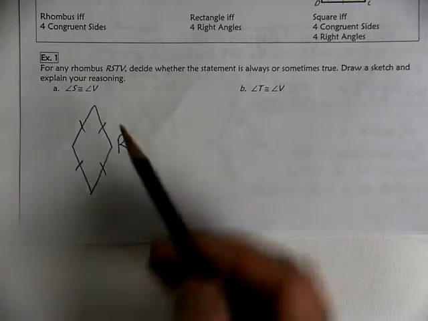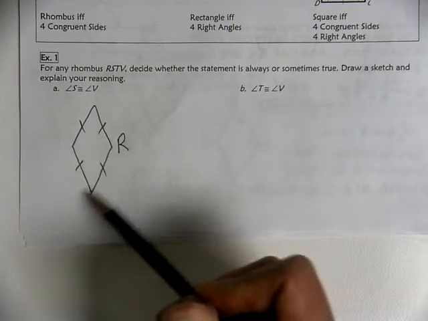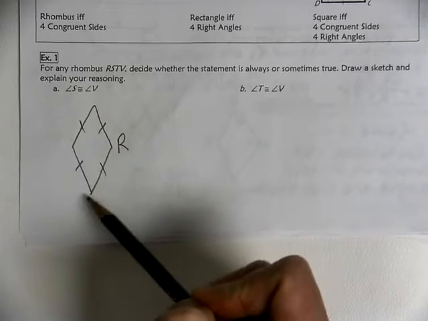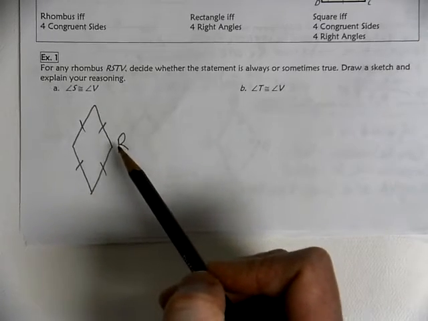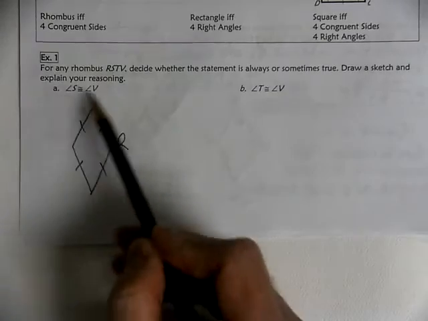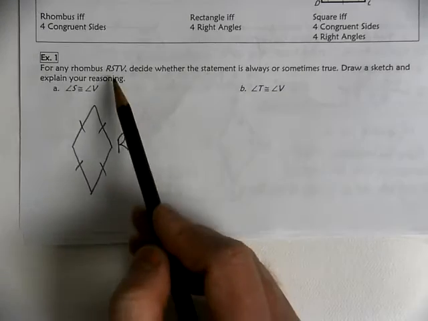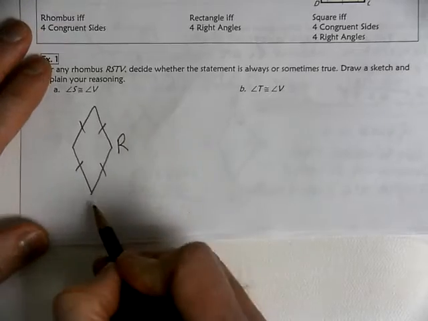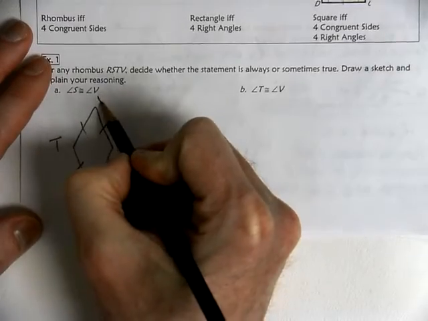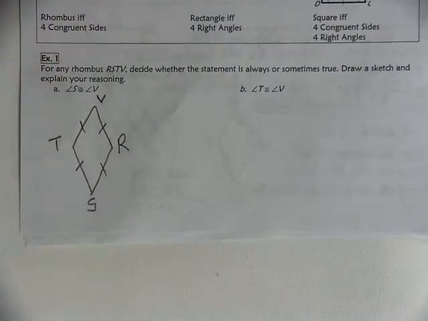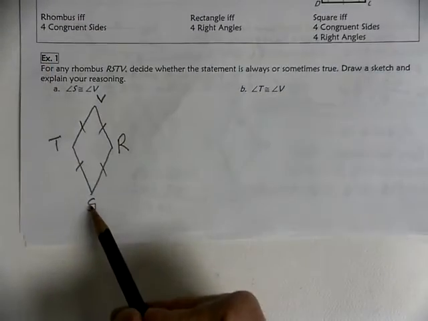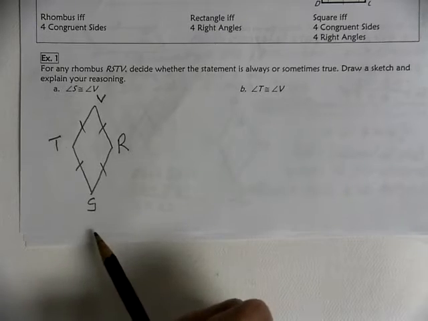Now, you need to put the S on a vertex that is consecutive or adjacent to that one. You cannot place it across. It has to go in consecutive order when you name it. So R, S, T, V. You could have gone the other way, and that would have been fine.